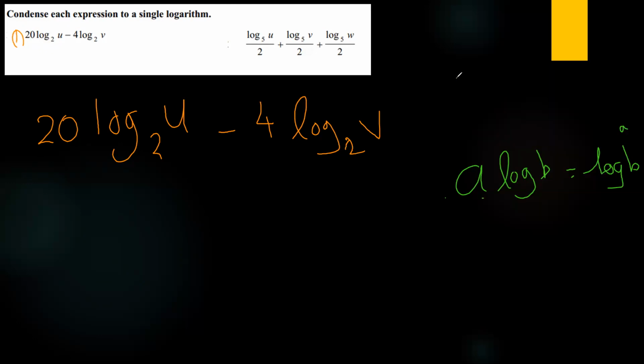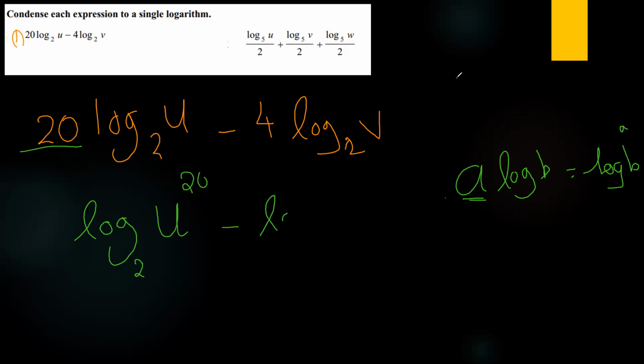So if the number is multiplied by the logarithm, it means they are like a power. So this 20 here is a power for u. So I can rewrite it as logarithm to the base 2 of u to the power 20 minus 4 logarithm to the base 2 of v.